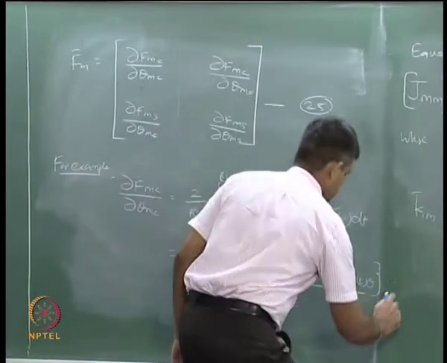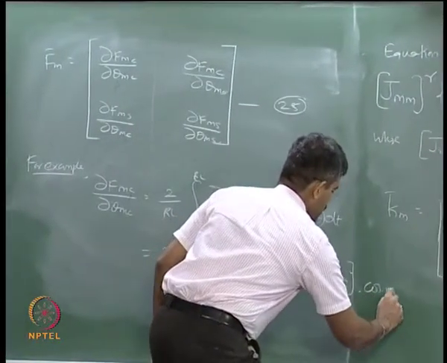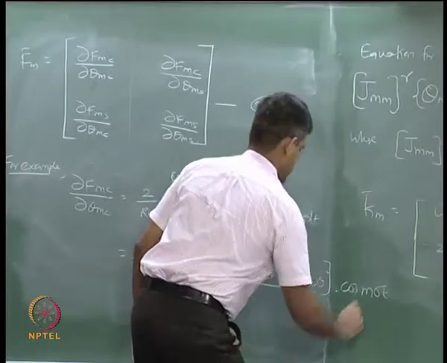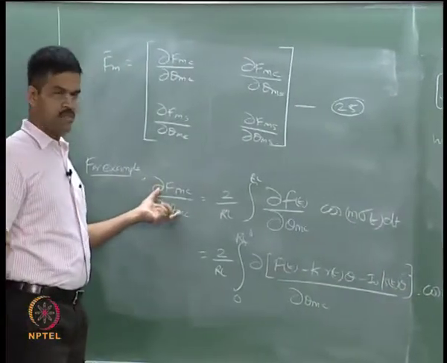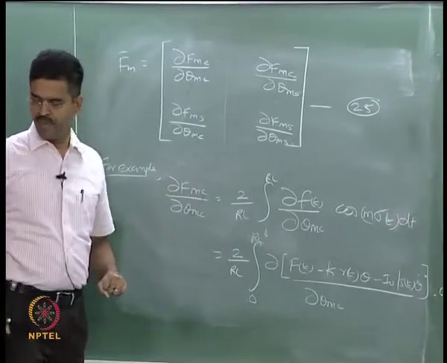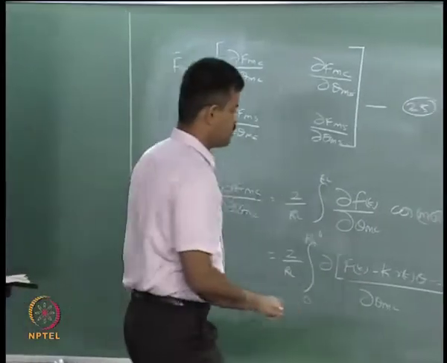I write it here, okay, cos m sigma t dt. That is my derivative here. I call this equation number 26.